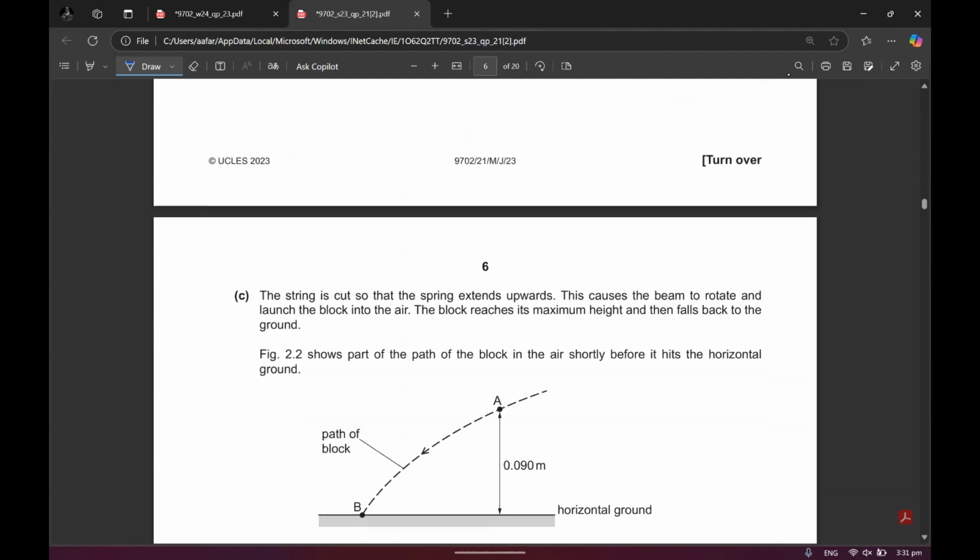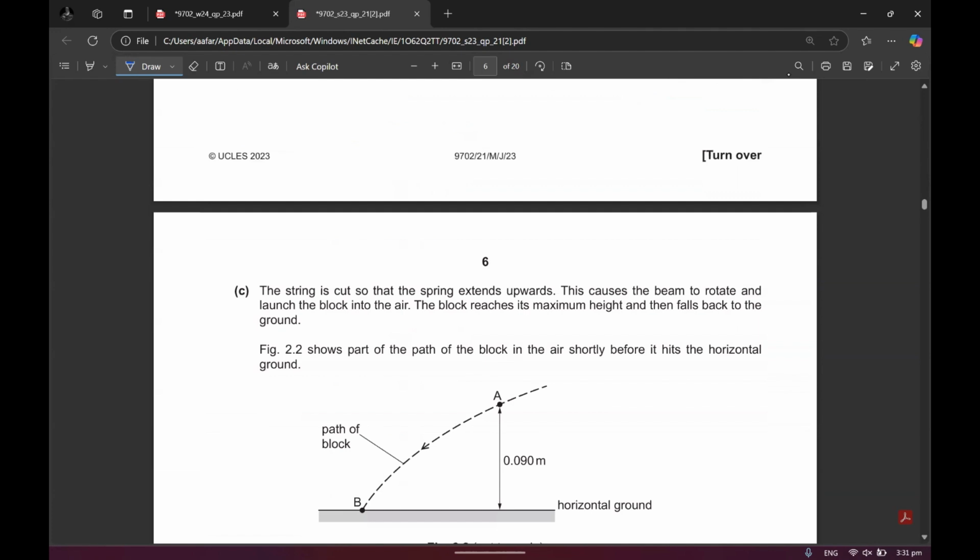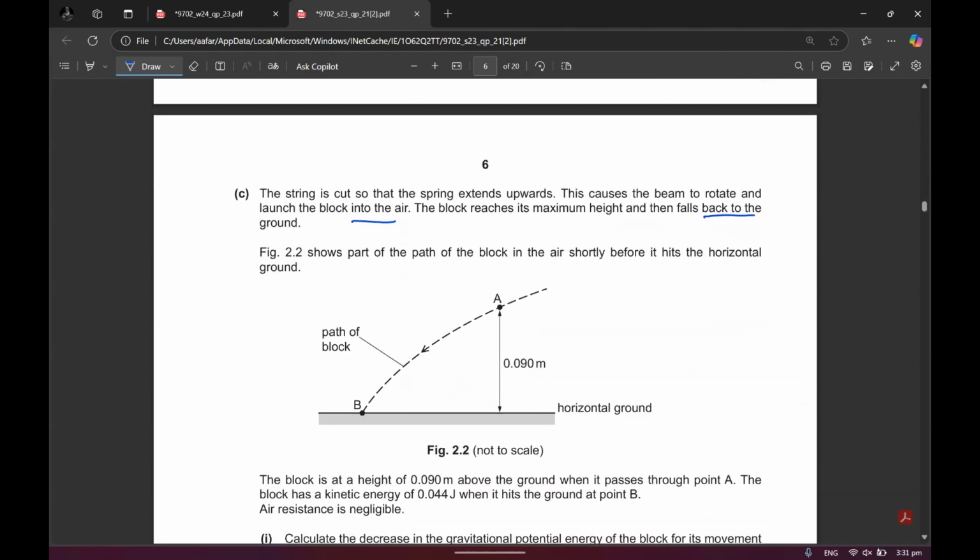The string is cut so that the spring extends upwards. This causes the beam to rotate and launch the block into the air. Oh, big shot. The block reaches its maximum height and then falls back to the ground. Figure 2.2 shows part of the path of the block in the air shortly before it hits the horizontal ground.